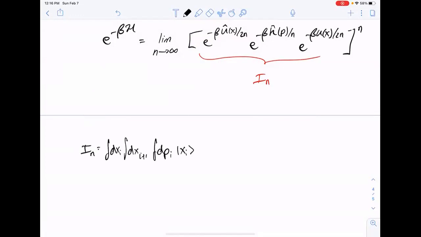Let's put the xi here. Let's put a set of k-space states between it and the kinetic energy operator.